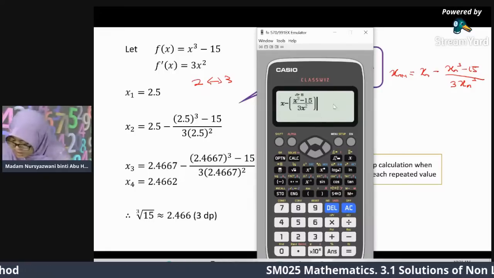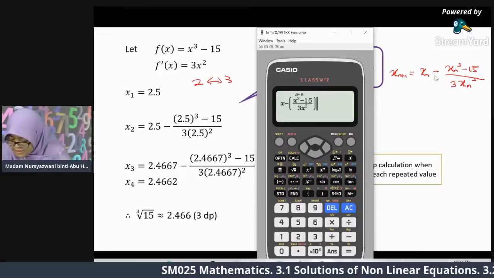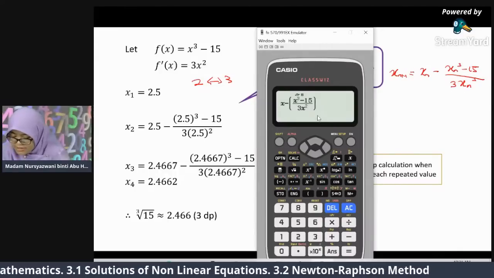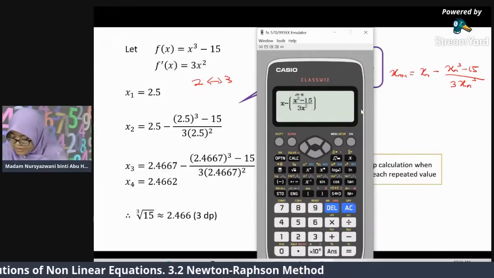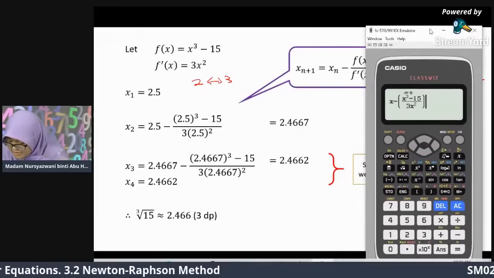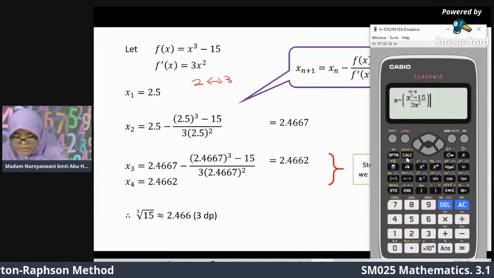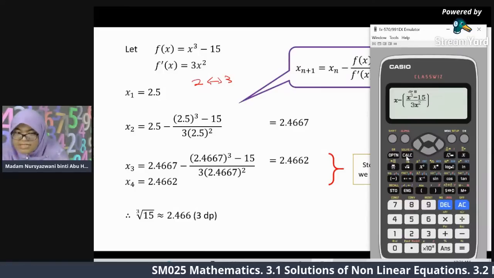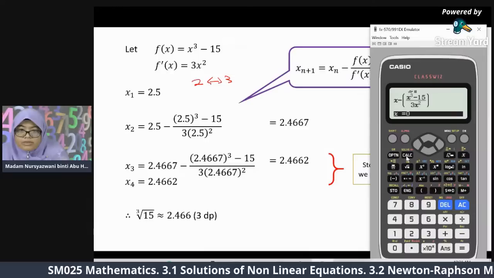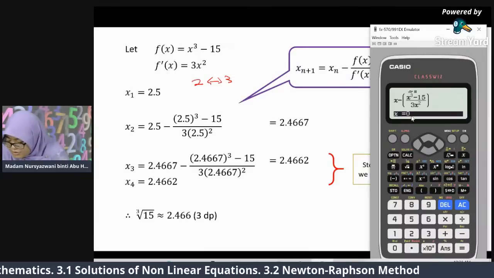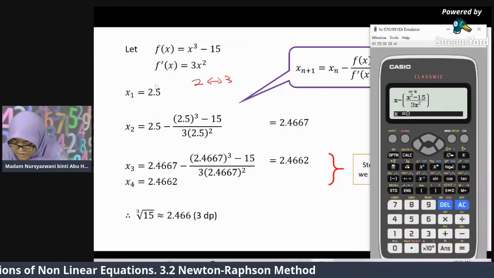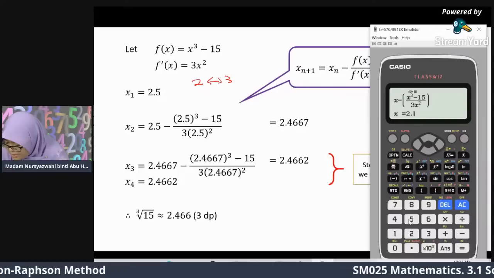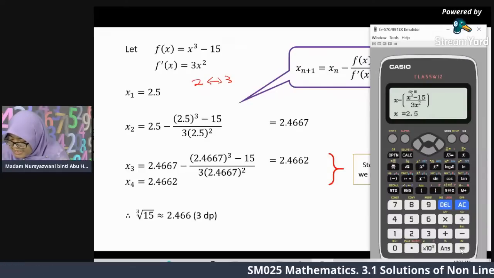So kalau awak guna calculator kelas Swiss ni, awak memang boleh masukkan formula Newton-Raphson ni sebiji dalam calculator. Exactly. So awak dah masuk sebiji. Okay. So sekarang ni kita akan tekan button CALC. Okay. So dia tanya x equal to, so substitute first approximation, nilai pertama lah 2.5. So press equal.